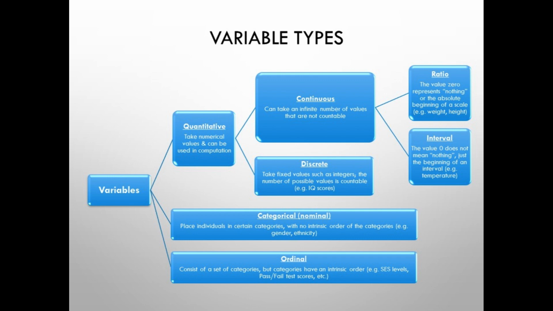Another type of variable is the categorical type. These variables are also called nominal and have a certain number of categories, but the categories cannot be ranked in any way. For instance, gender is such a variable, or the individual's names. These do not have numerical values and cannot be used in computations.